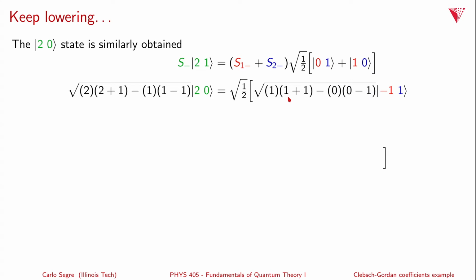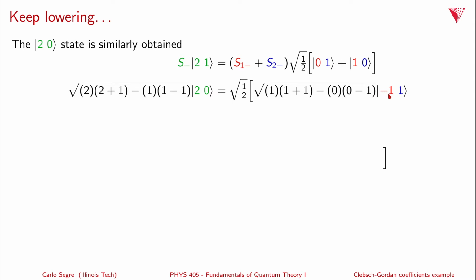And then over on the right side, we have 1 over the square root of 2 times the quantity. And here we're applying S1 minus, so we're going to lower this. We get the square root of 1 times 1 plus 1, and then here we have a bunch of zeros.